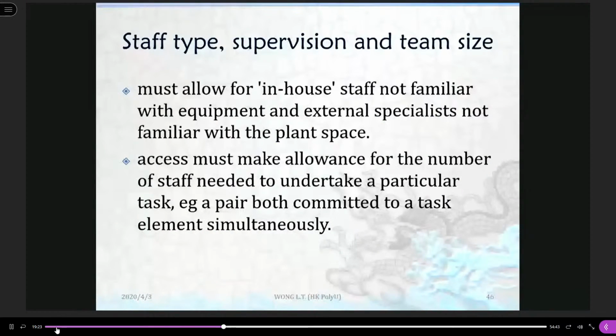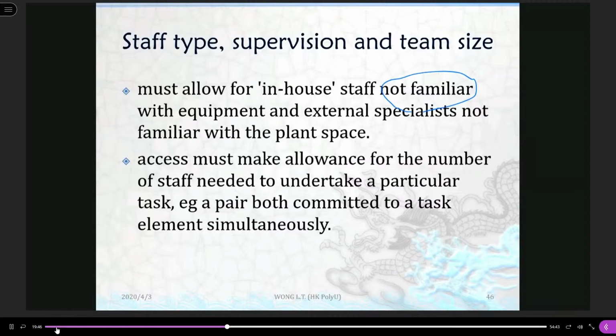The staff types, supervision and team size must allow for in-house staff not familiar with equipment and external specialists not familiar with the plant's space. Therefore, when designing the plants, we need to allow less familiar staff to get access to the classroom. Sometimes the seniors want to take an inspection over there.